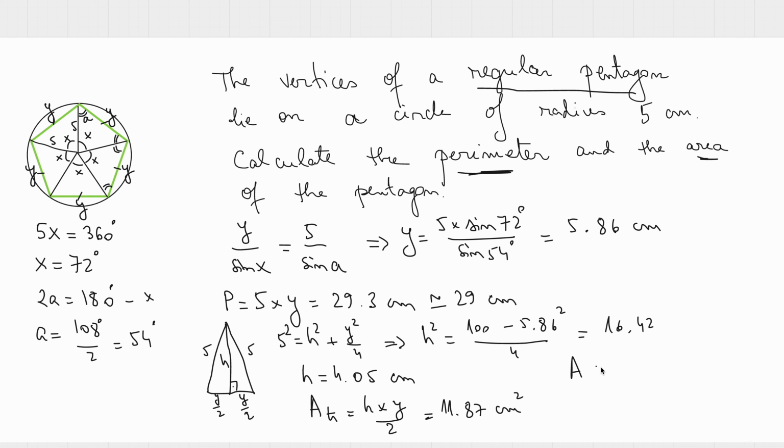That means the total area is 5 times the area of one triangle, which is 5 times 11.87, and that's 59.36 centimeters squared, or if we approximate it to the nearest centimeter squared, we'll get that the area is 59 centimeters squared. So these are our two answers, the area and the perimeter.